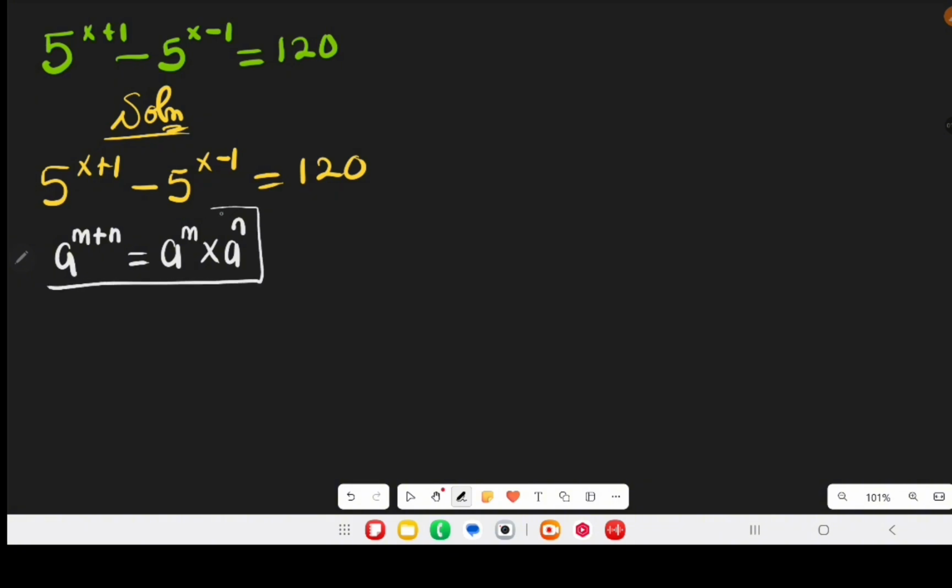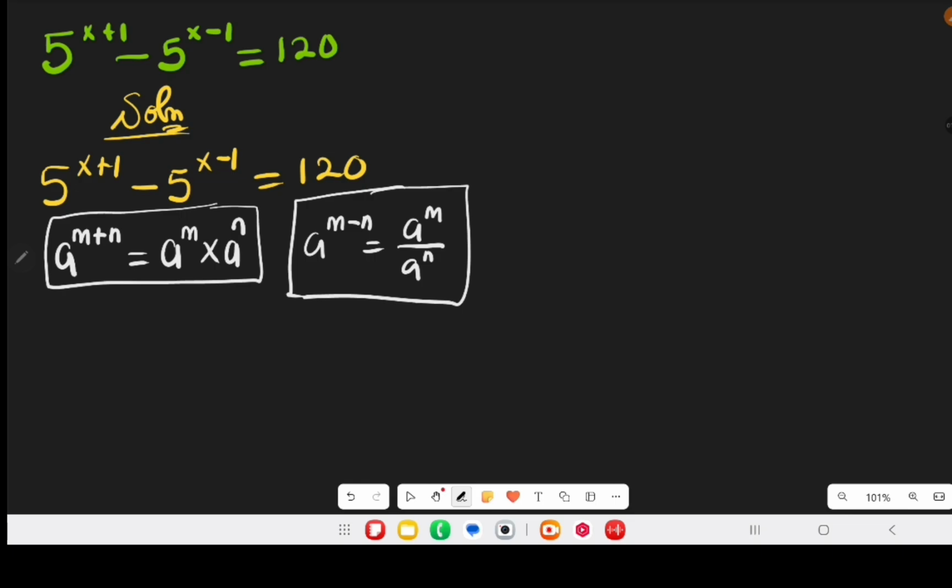This is the product rule. The division rule states that a raised to the power of m minus n is the same thing as a raised to the power of m all over a raised to the power of n.